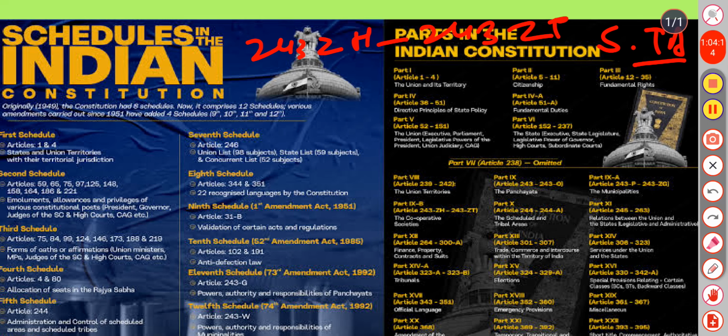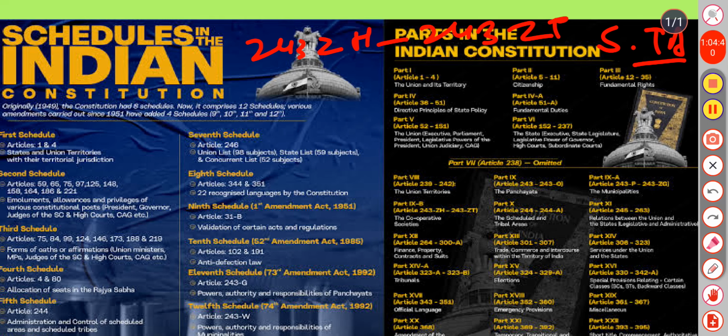Now part 19. In part 19 we will see miscellaneous, and let's move to article 363, bar to interference by courts in disputes arising out of certain treaties, agreements, etc. Okay. And article 365, effect of failure to comply with or give effect to directions given by the union, right.